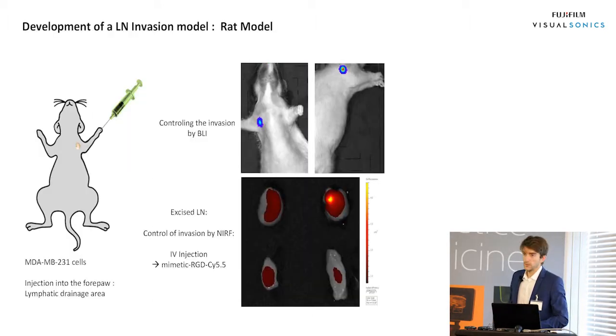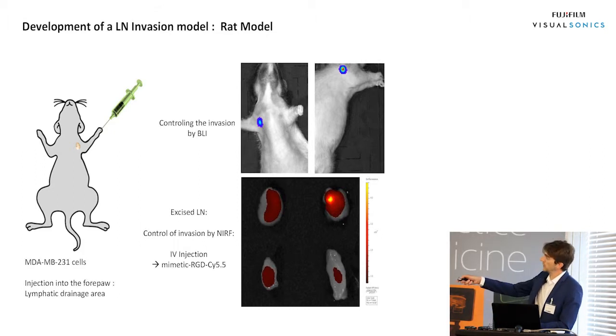We then developed a model of lymph node invasion. We injected the breast cancer cells in the forepaw of the rats, and we controlled the invasion by bioluminescence imaging. As you can see here, the signal from the lymph node.